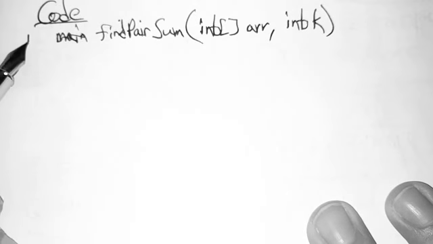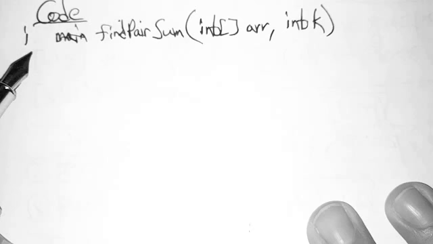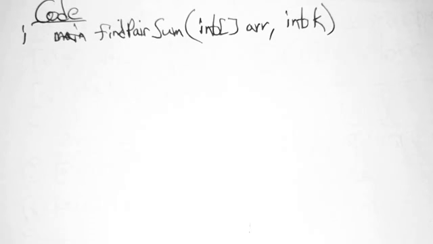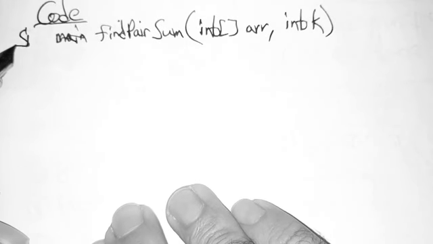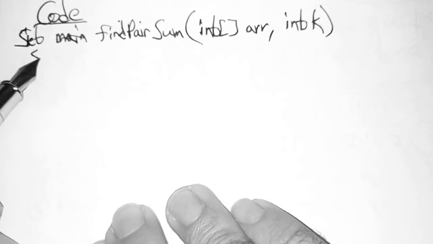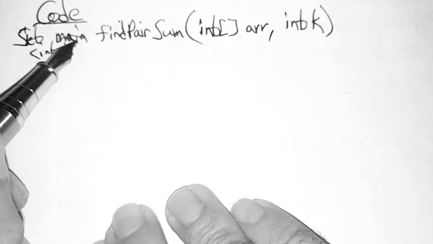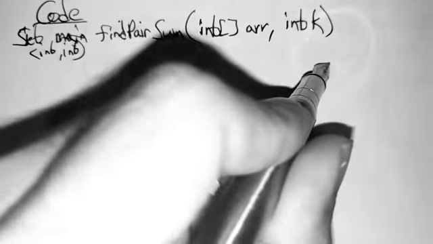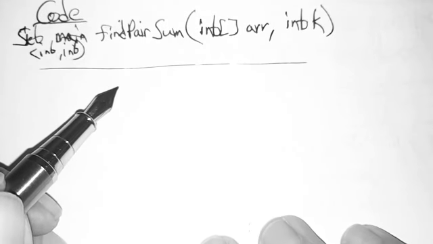And it will return the list of the pairs of items. So you can return a set of int and int. Okay, now that we have it, let's start to write it.